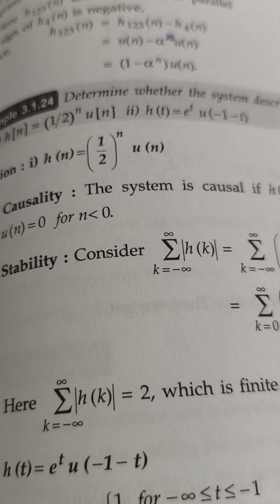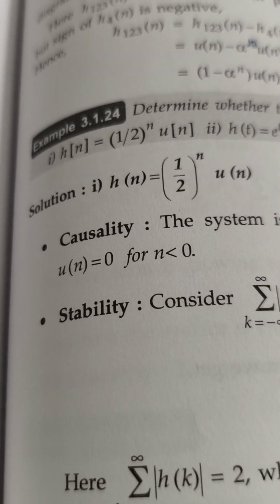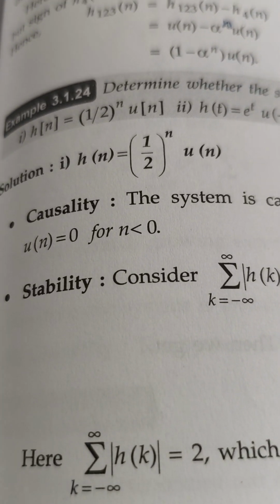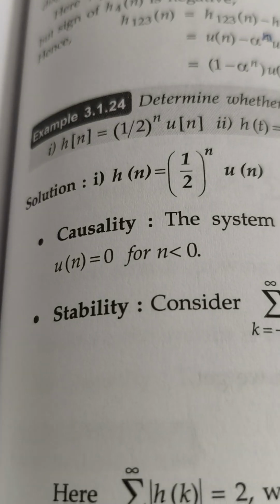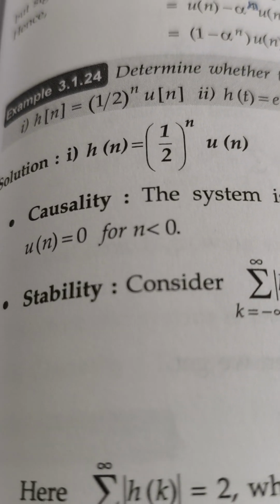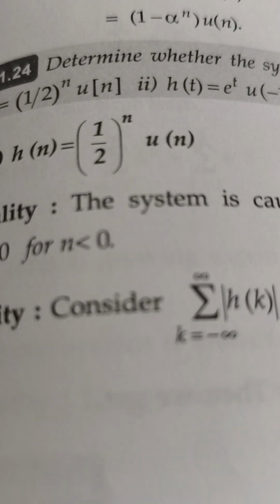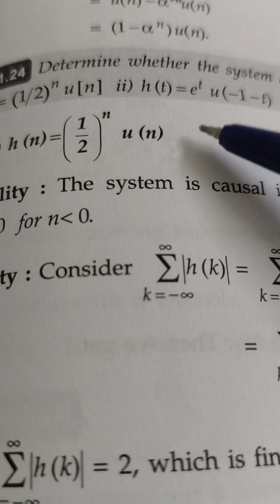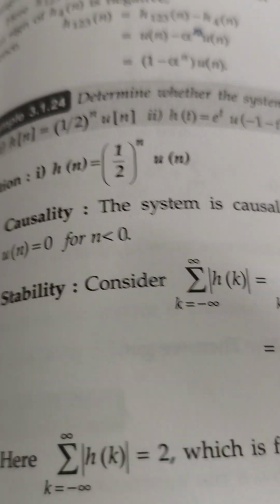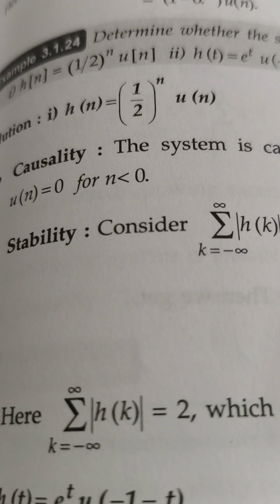If n is less than 0, then the value of u of n is 0. Since u of n is 0 for n less than 0, this system is causal. Why? In the equation we have u of n. Therefore, we can call this a causal system.